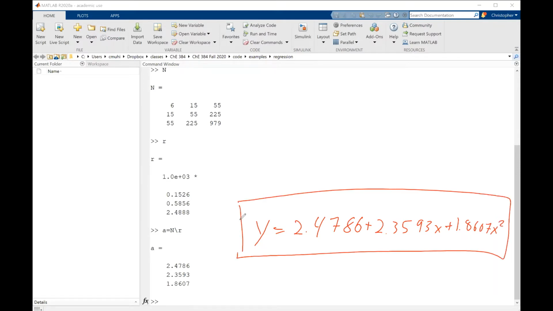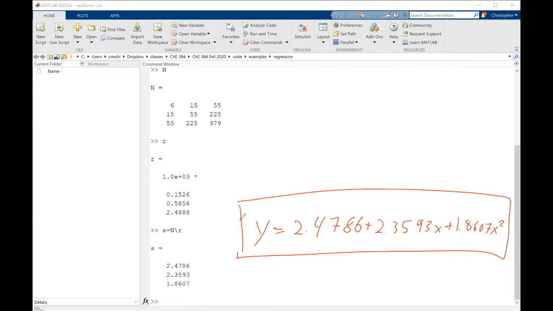So you can see now that with a little bit of math and a lot of taking different sums, we're able to figure out the constants of nonlinear equations like polynomials by recasting these as a series of linear equations in A and then doing some linear algebra.